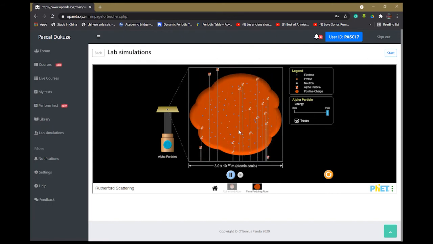This is what could be observed if the model of the atom proposed by Thomson was correct. You can see the particles are moving straight. Remember, we have negative particles embedded in a positive solid body, making the whole atom neutral.